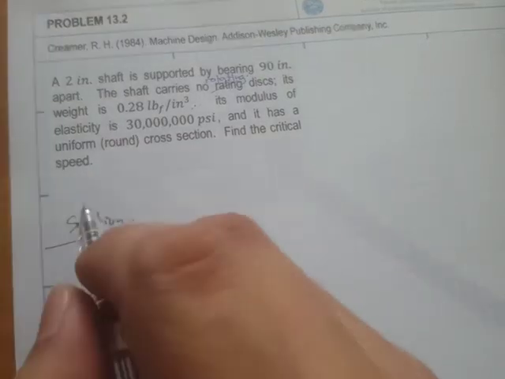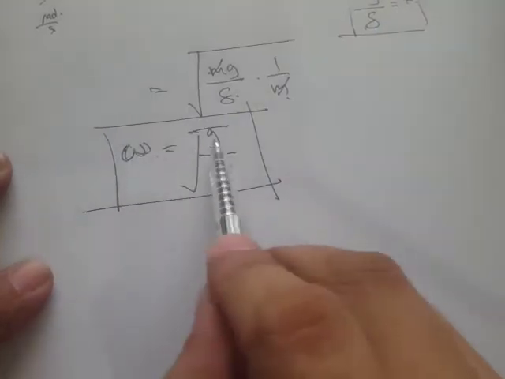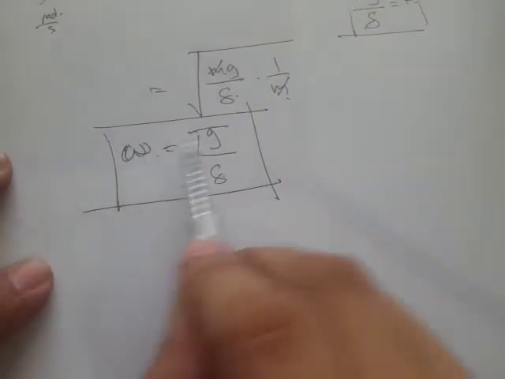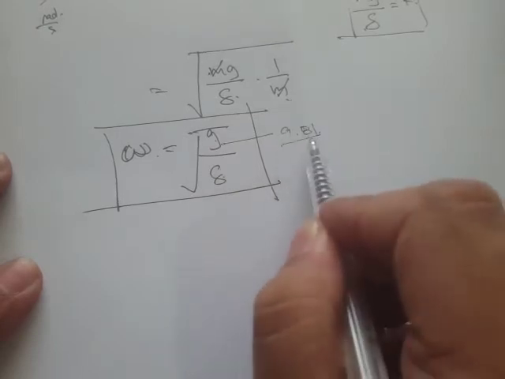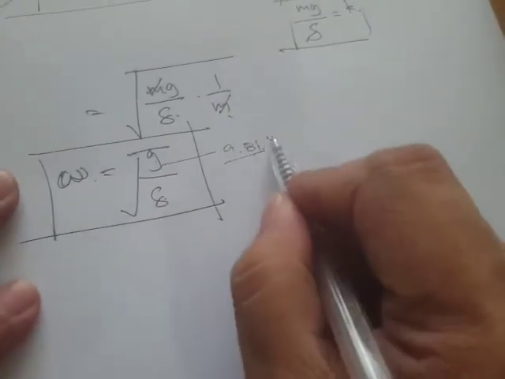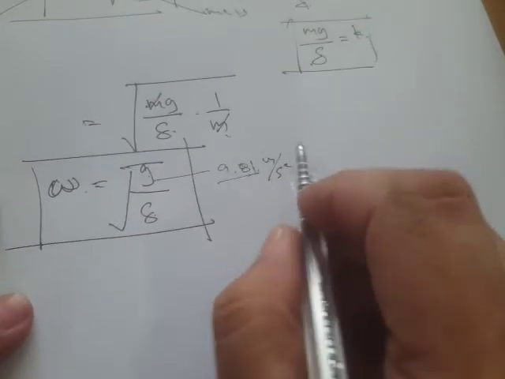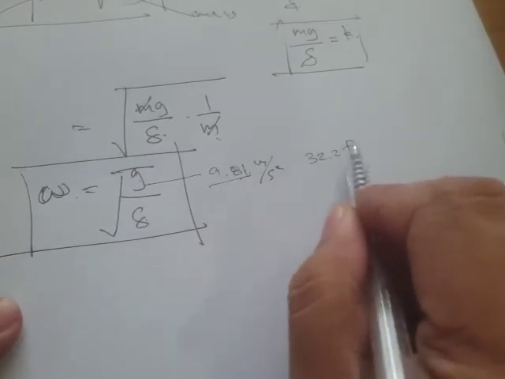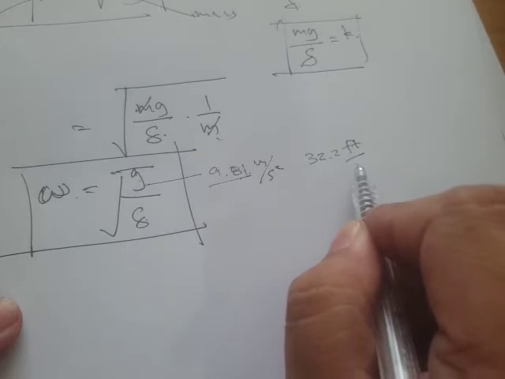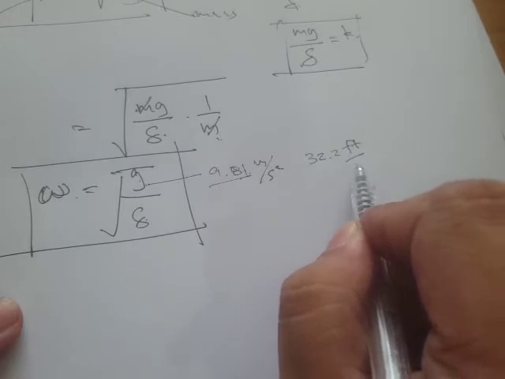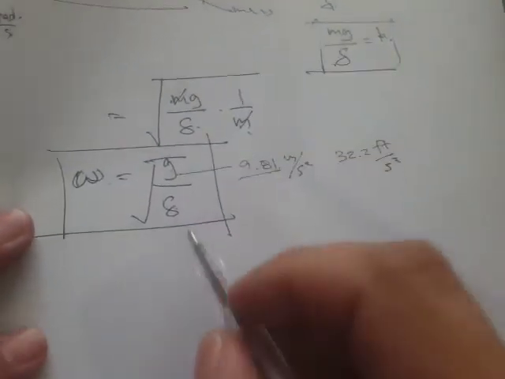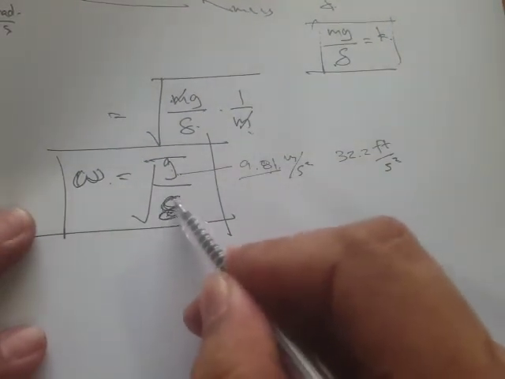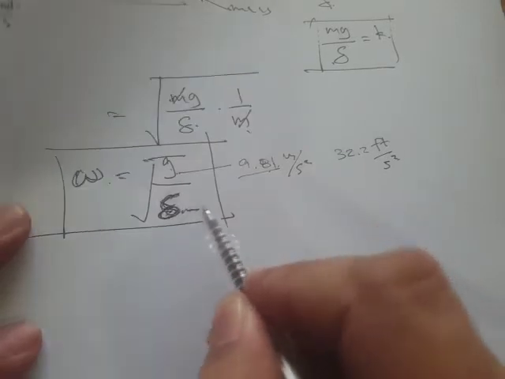Just recall that in our equation for the critical speed, we need g. We already know this is 9.81 meters per second squared, but in English units, this is 32.2 feet per second squared as well. And the problem lies in finding the maximum deflection.